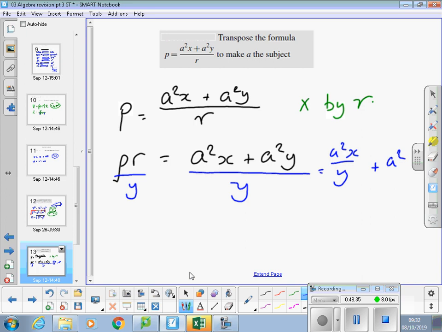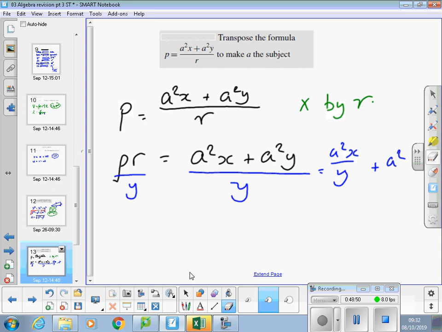So you're starting your division before you've solved your addition. Everybody see that? You've got to divide the whole of this side.